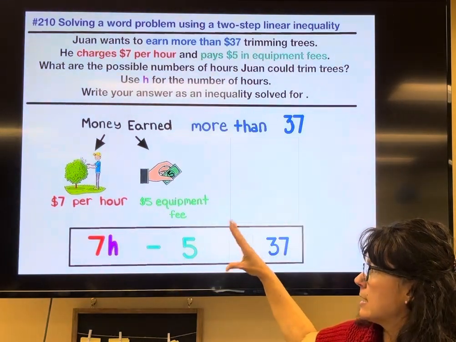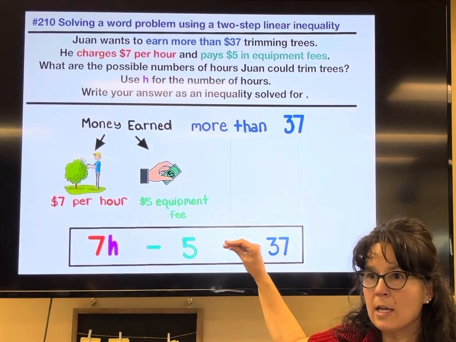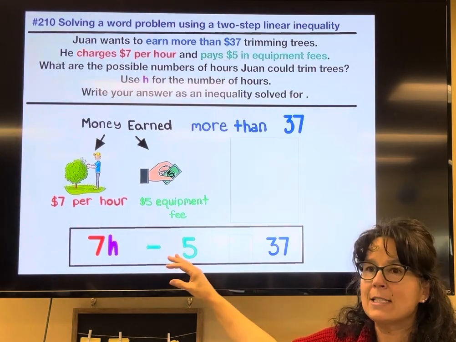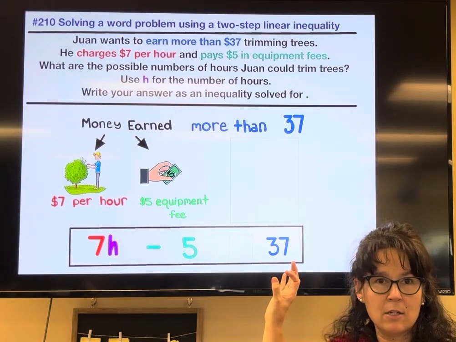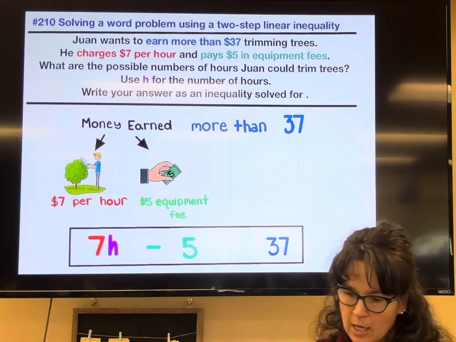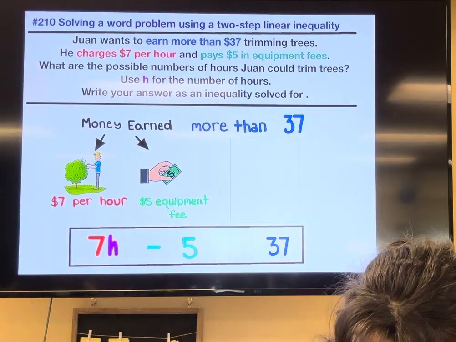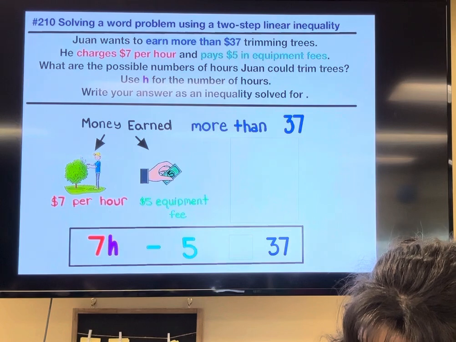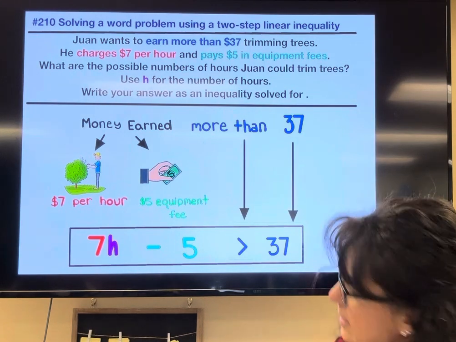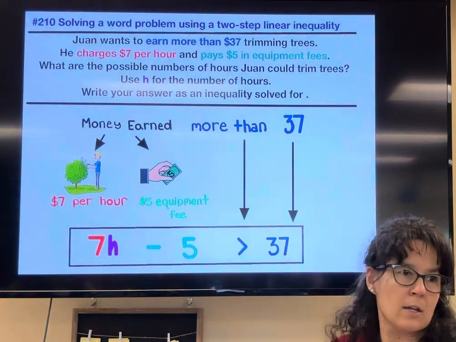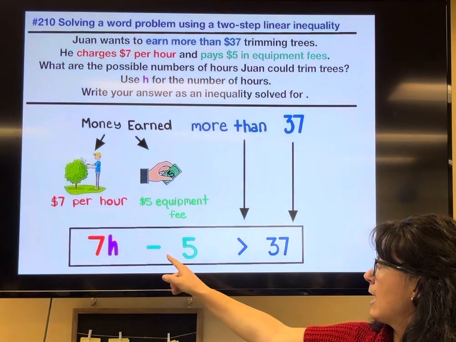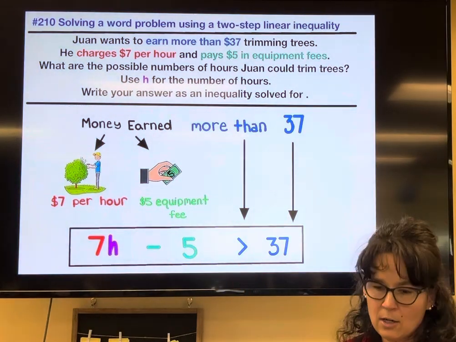So we're going to eat this way. Now, is 37 more than 37? No, so I'm not going to underline it. So when I bring down, it's going to be eating that way. So I have 7h minus 5 is greater than 37.